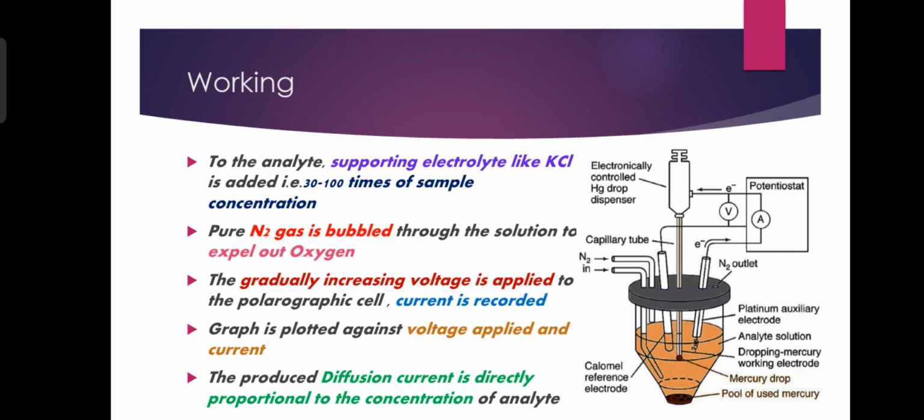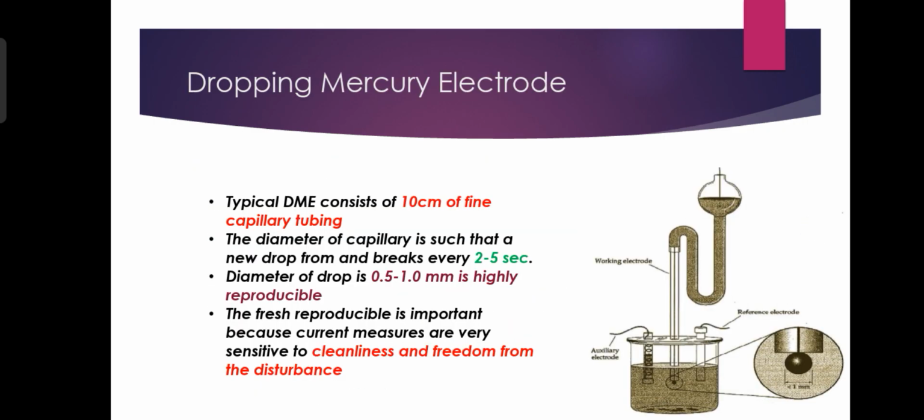All the things are connected with our voltmeter and ammeter, regulated through a potentiostat, and we will make a polarogram, our graph, from the voltmeter and ammeter values.